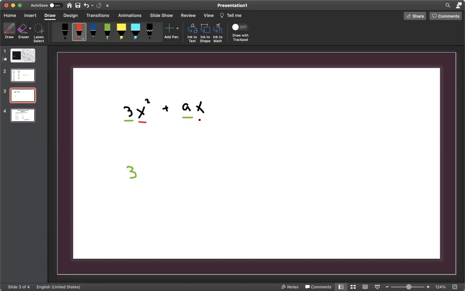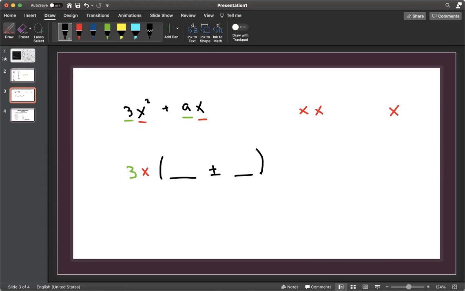Next, we're looking at our x. And when we have x squared, that means we have 2 x's, and an x, we just have 1 x. So our greatest common factor here is going to be x. This gives us 3x times something plus or minus another number.